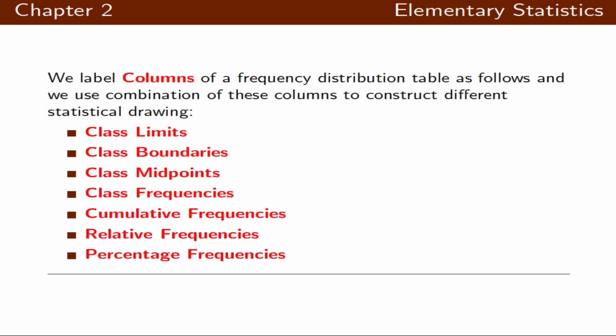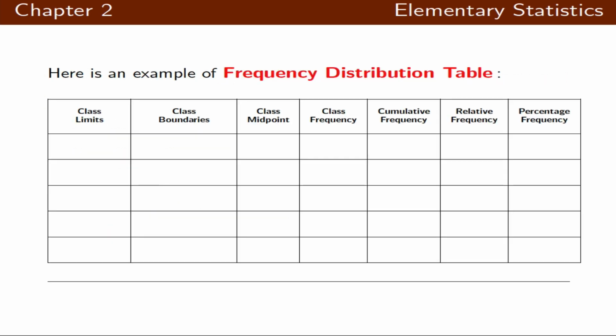And each column is going to help us draw different conclusions for different classes and use it to maybe draw some statistical graphs. If we put all of these together, a frequency distribution table will look like this, where each row represents classes and each column represents specific information about those classes.